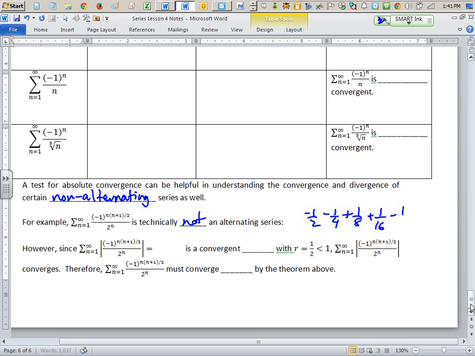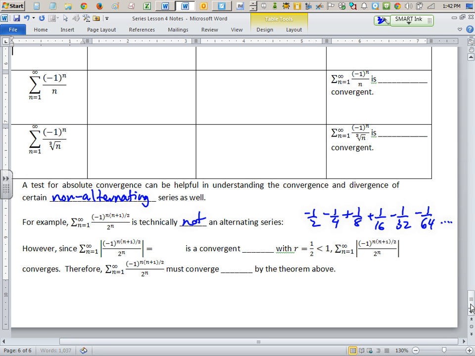If you plug in 5, you get negative 1 over 32. If you plug in 6, you get negative 1 over 64. Is this an alternating series? Not quite. An alternating series switches every term. Here you can see it's like 2 negatives followed by 2 positives and then 2 negatives. So you're not even allowed to use the AST here. You may not use the AST on this problem.